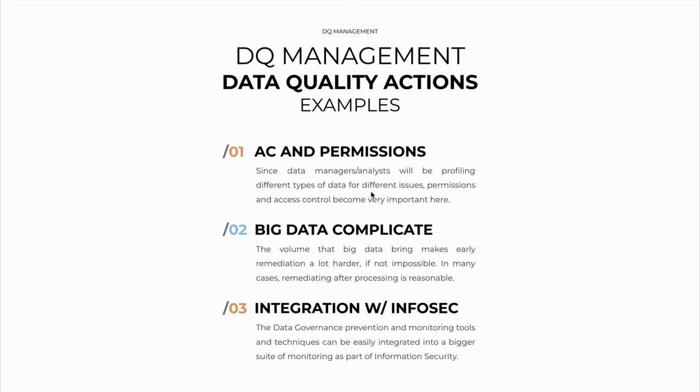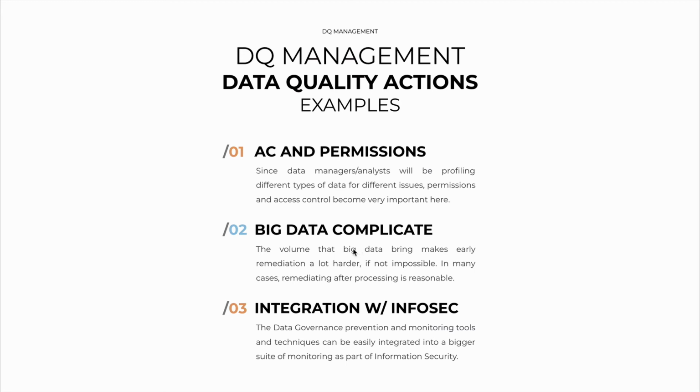Although data managers mean well, they should not have unlimited access to all types of data, such as personally identifiable information, credit card information, or others, and there should be strict controls in terms of masking or hashing that information, as well as preventing any exfiltration of those data and placing limitations on the devices that someone can use to access the data. A very good practice is for a database administrator to determine what sensitive information must be encrypted or protected, and then you hand the data over for profiling to the data management team.